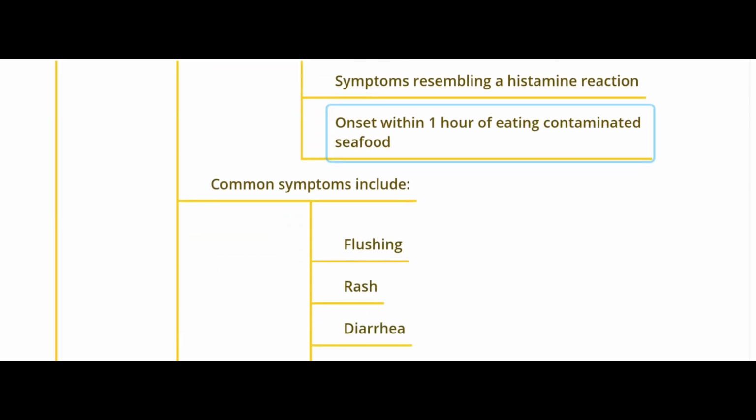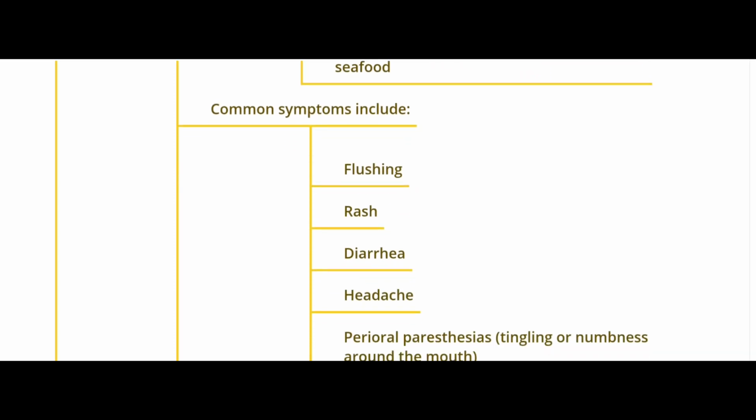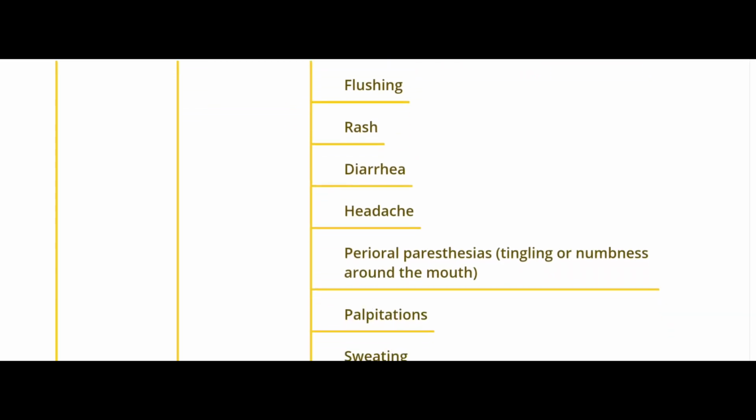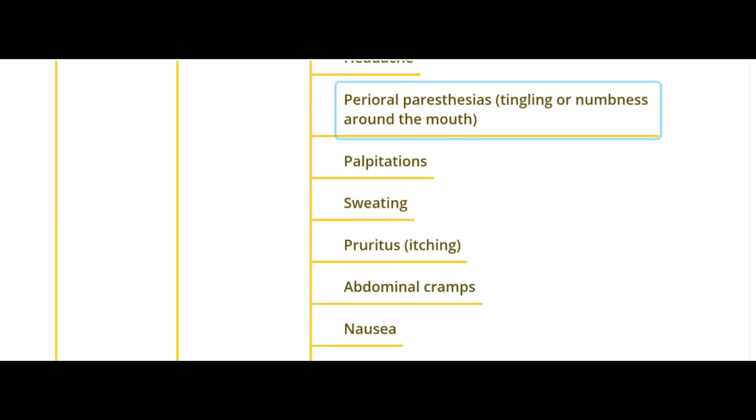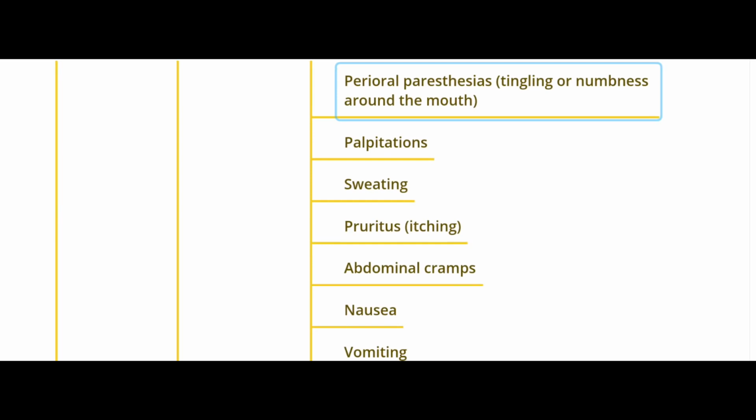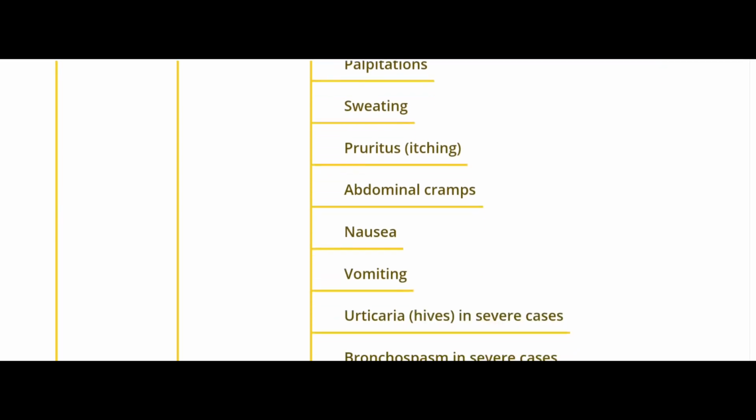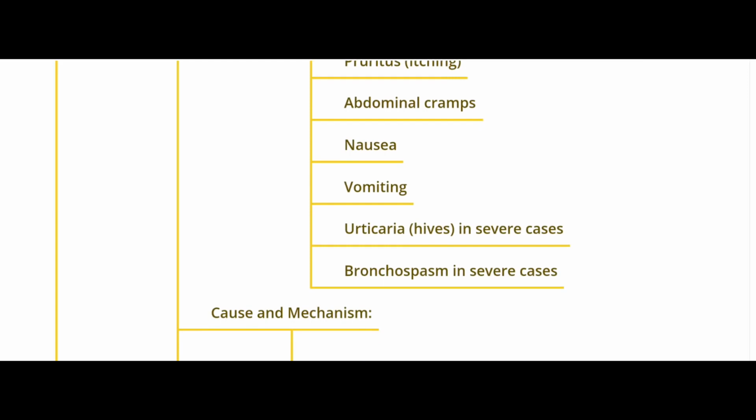The common symptoms include flushing, rash, diarrhea, headache, perioral paresthesia, which is tingling or numbing around the mouth. We can have palpitations because of the repeated vasodilation in multiple areas. We can have sweating, itching, abdominal cramps, nausea, vomiting, and we can have really severe hives and bronchospasm.